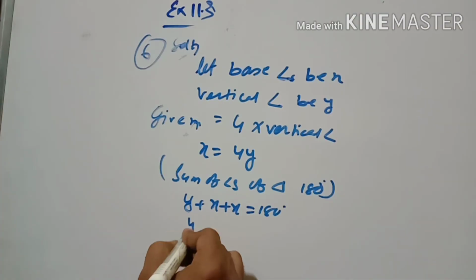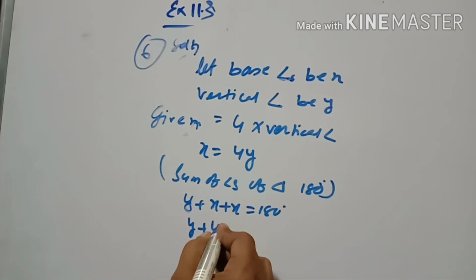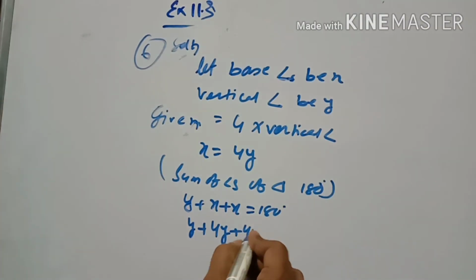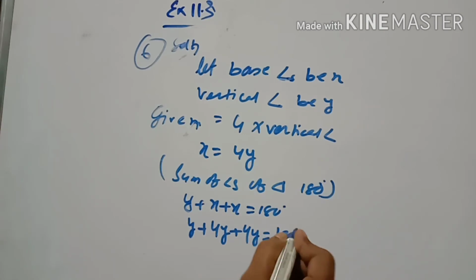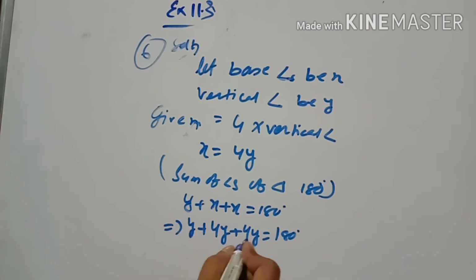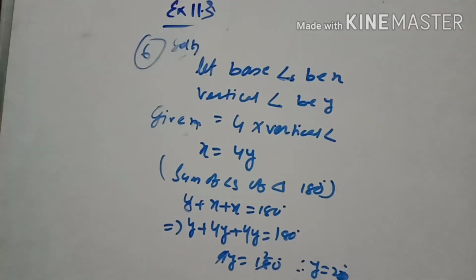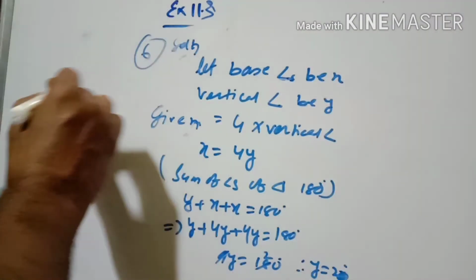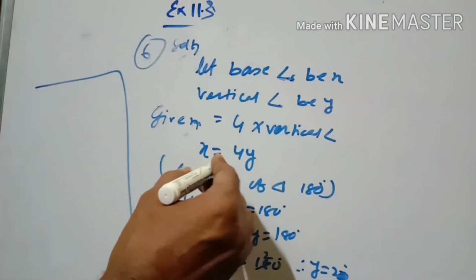So I can write y plus 4y plus 4y equal to 180 degree. This implies 9y equal to 180 degree. Therefore y equal to 180 by 9, therefore y equal to 20 degree.